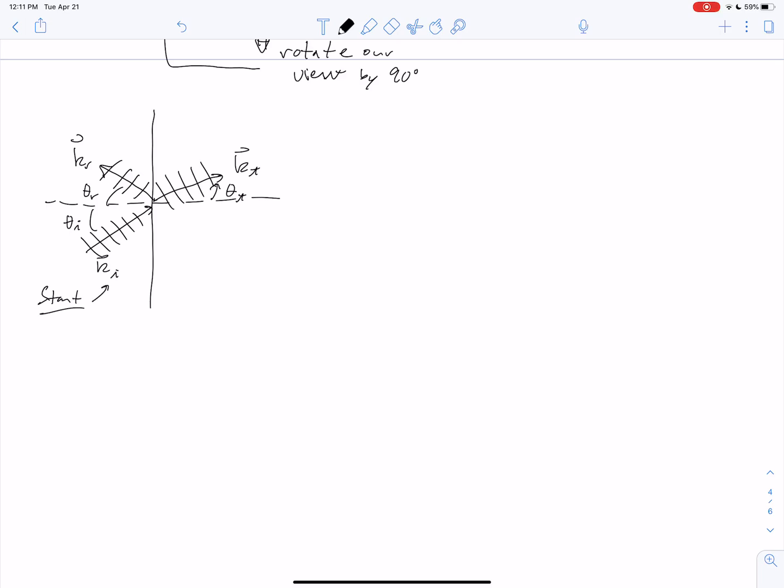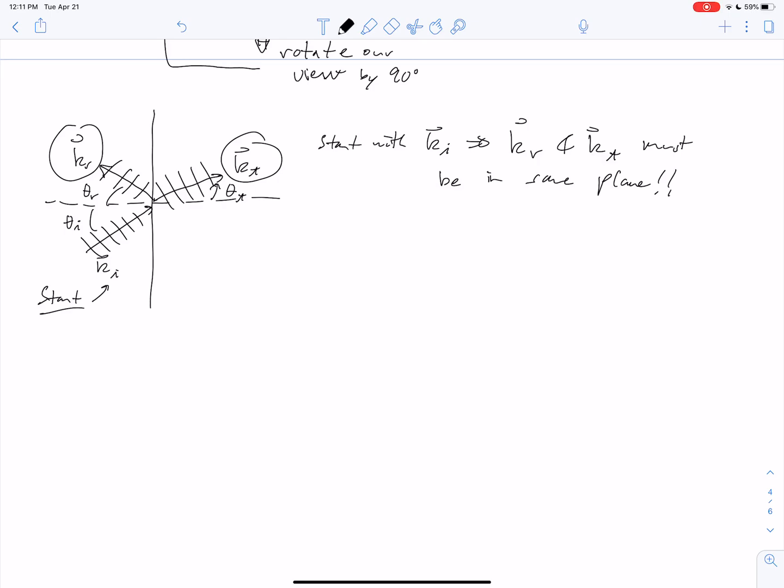The point is that if I start with ki, then these two, kr and kt, must be in the same plane.